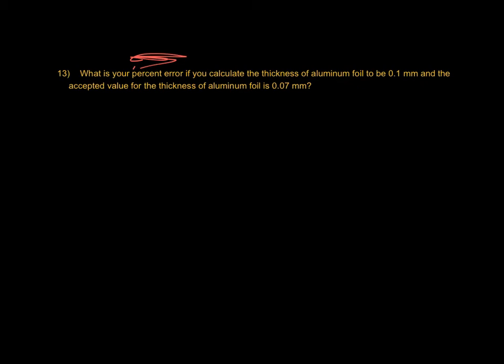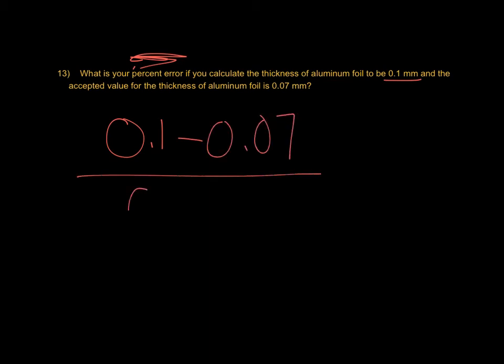You know, if I missed 4 questions out of 27 questions, what's my percent error? How many did I get wrong? So what you need to do is take the measurement that you got, which we said was 0.1, subtract the correct answer, which is 0.07, and then divide it by the correct answer. Again, this is kind of like what you do on a test.